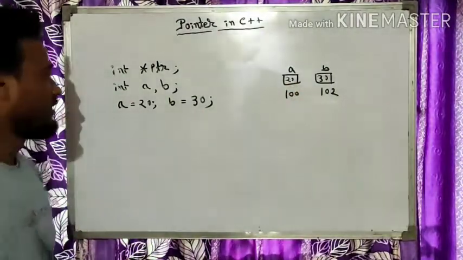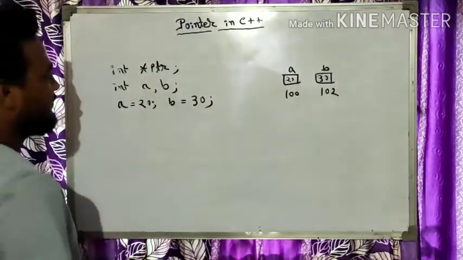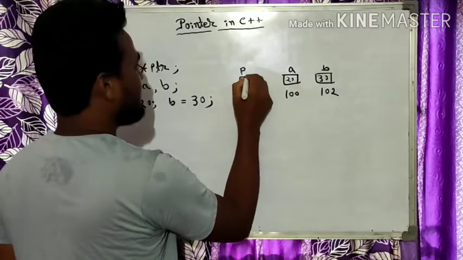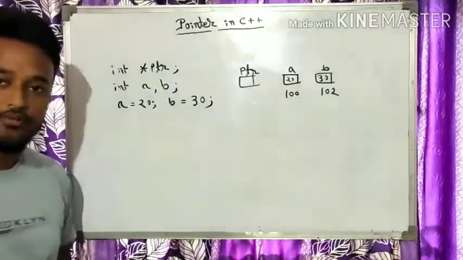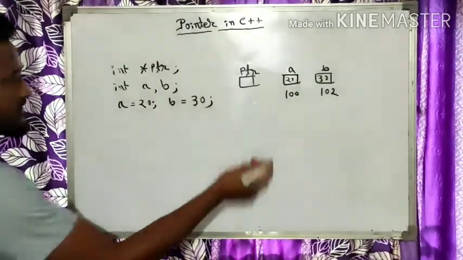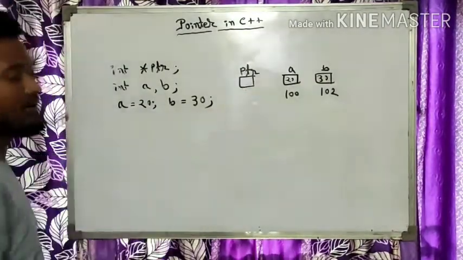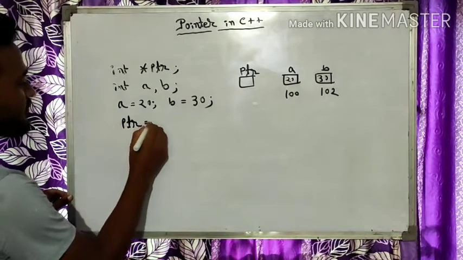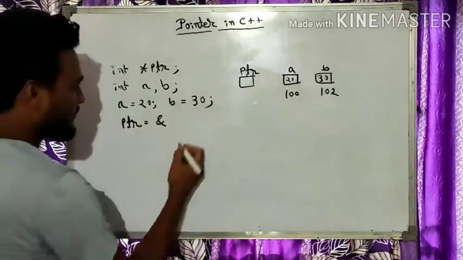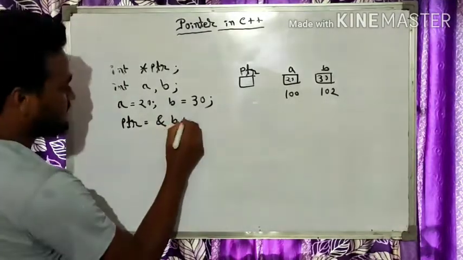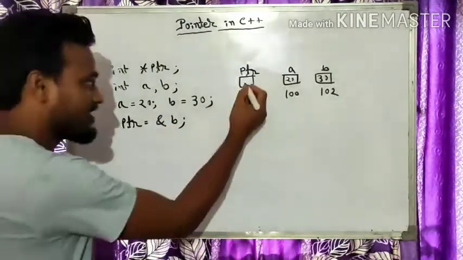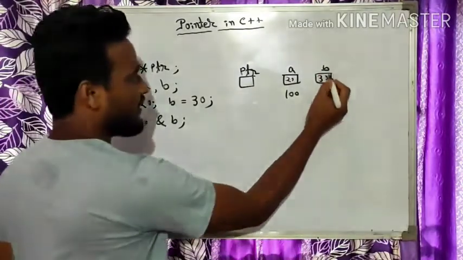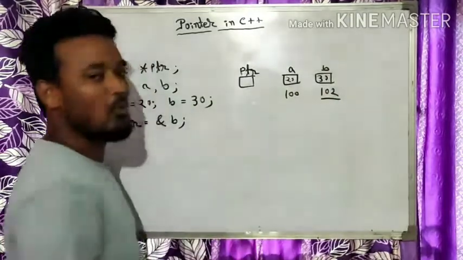We have also created a pointer variable, this is ptr. Now we are going to assign a value to the pointer. Let's say ptr equal to ampersand b. That means inside this ptr the value stored will be the memory address of variable b, which is 102.